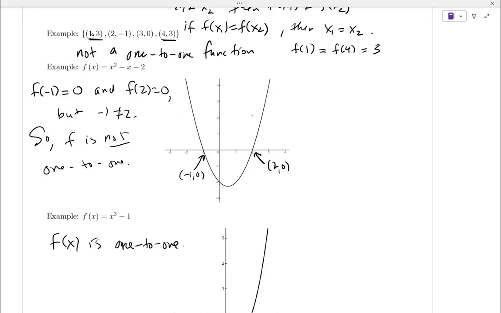If I say I plugged in a number, I got 0 out, are you 100% certain what specific number I plugged in was? No, because I have two possibilities, right? So when you don't have a one-to-one function, you can't undo it easily. Okay? This is why we care about the ideas of one-to-one functions.